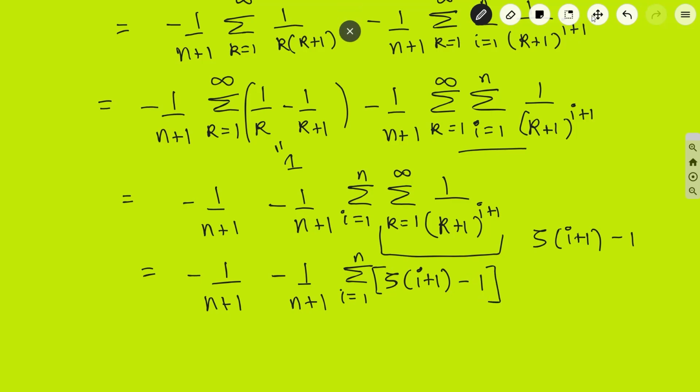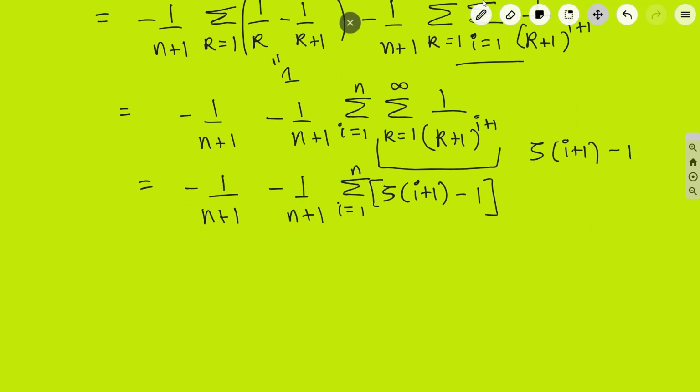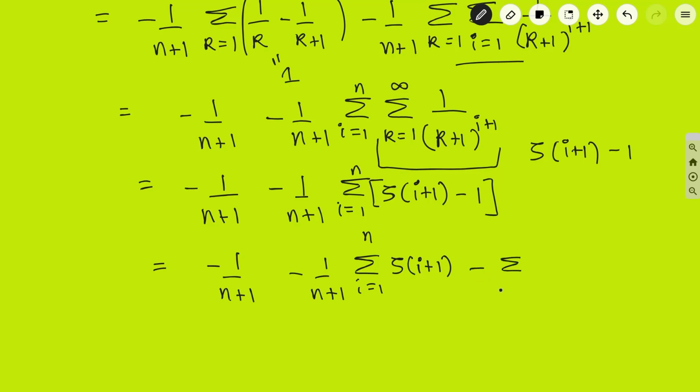Now, we just need a little bit more algebra here. So this is minus 1 by n plus 1, summation i from 1 to n of the Riemann zeta function of i plus 1, minus summation i from 1 to n of 1, and then you have 1 by n plus 1, right?